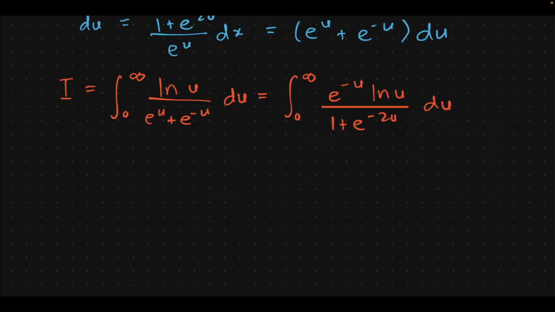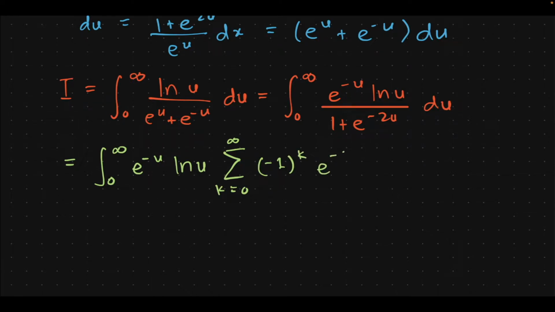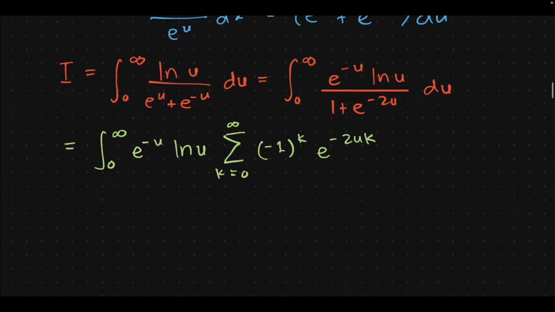Now we can use the infinite geometric series formula to sort of get rid of the denominator, because we hate denominators in integration. And then we shall have the infinite series part, k equals 0 to infinity, minus 1 to the k e to the minus 2uk du.